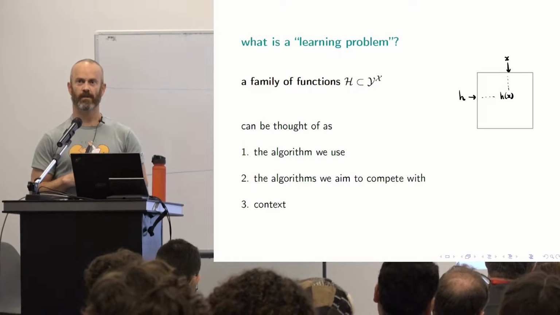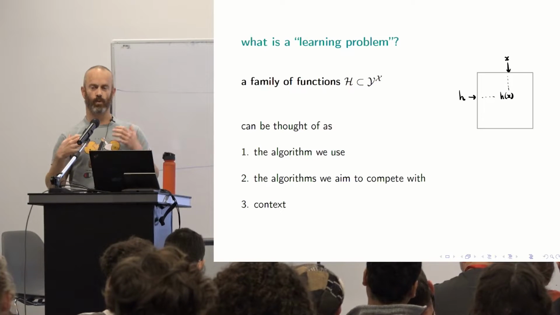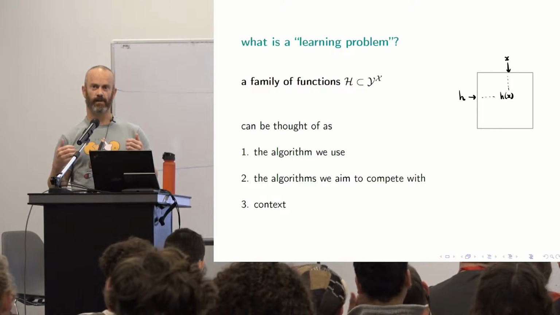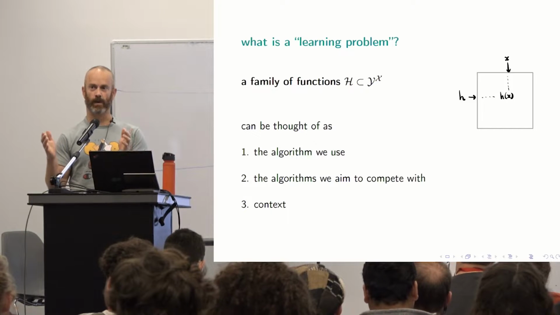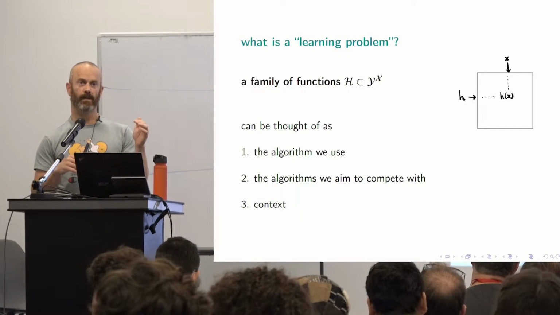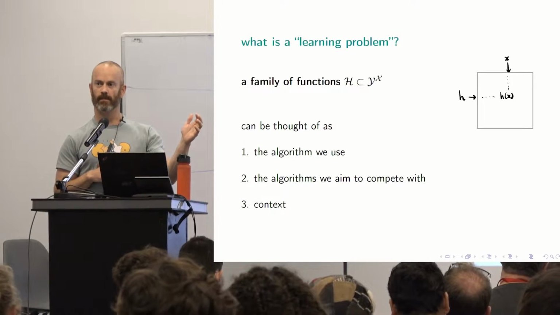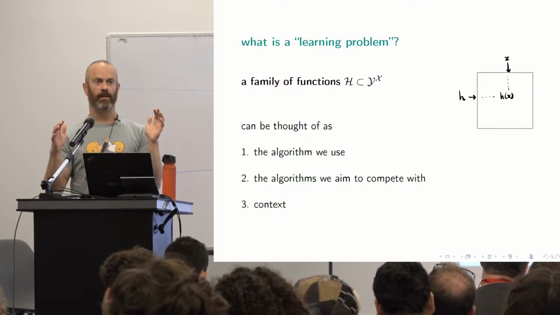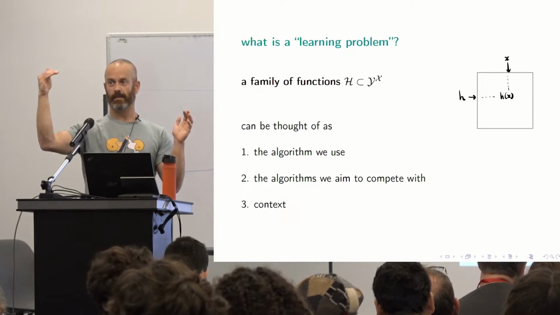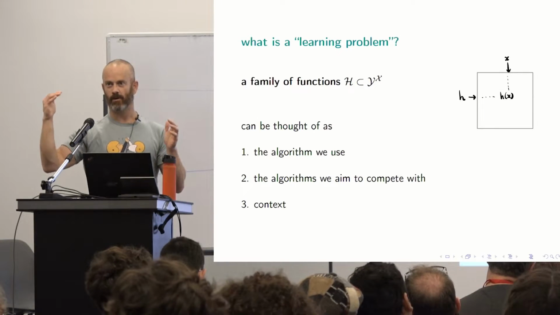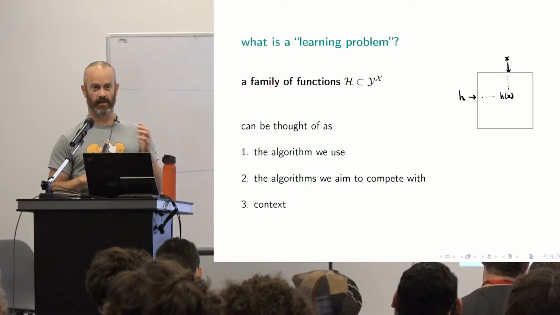One perspective. A different perspective is that we, the algorithm developers, can do whatever we want, not related to H, but we think about H as the thing we want to compete with. So H is the standard we want to be above or below, depending on your perspective. We want to beat it. So this is a different perspective.